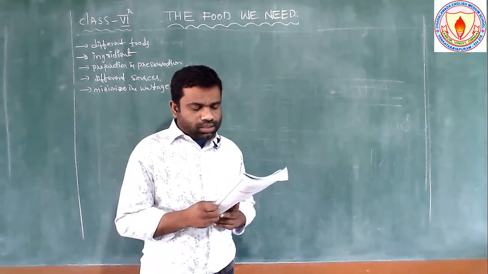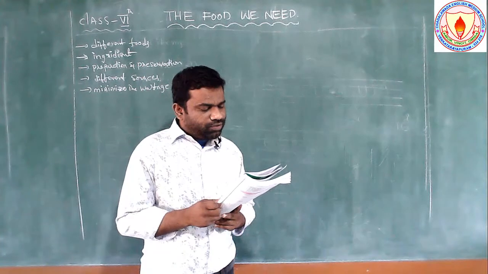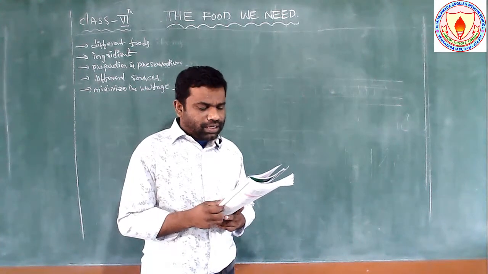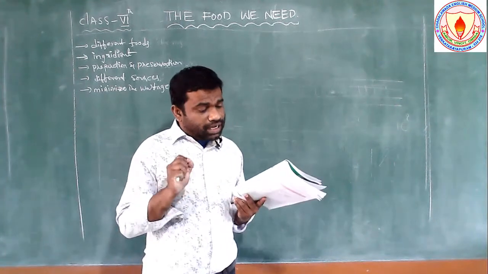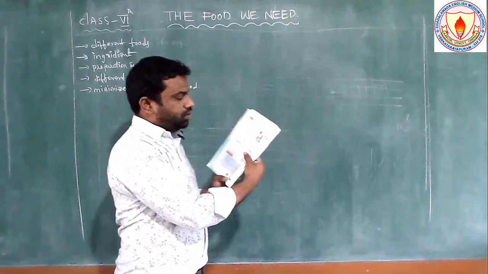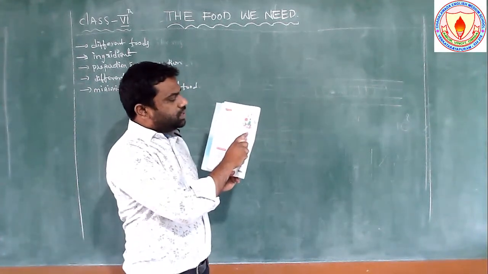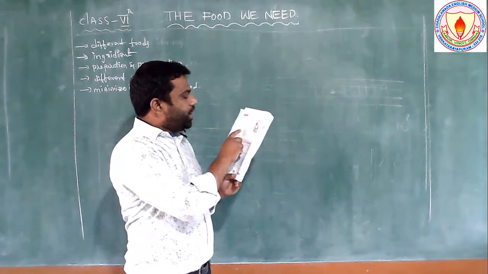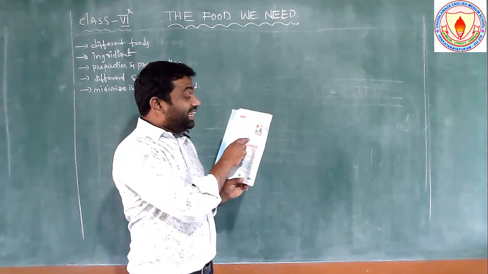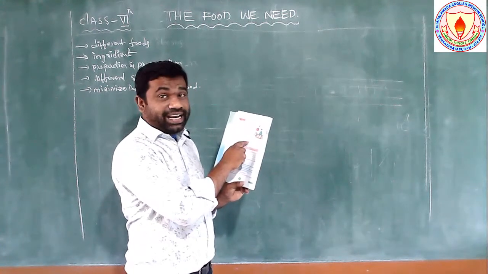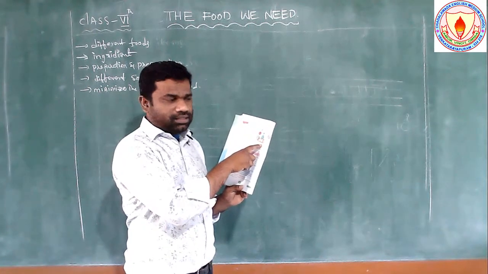See, to prepare different kinds of food items, we need different materials. Underline that: the materials that are required to prepare food are known as ingredients. Already we discussed.